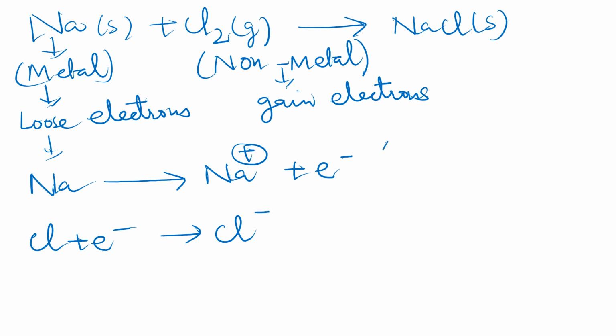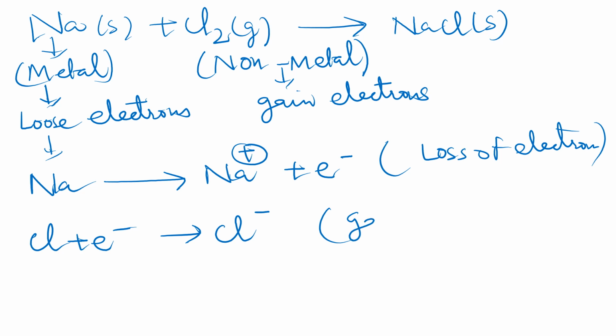So this is loss of electron and here it is gain of electron. You can show this like here, Na losing one electron to form a positive ion.